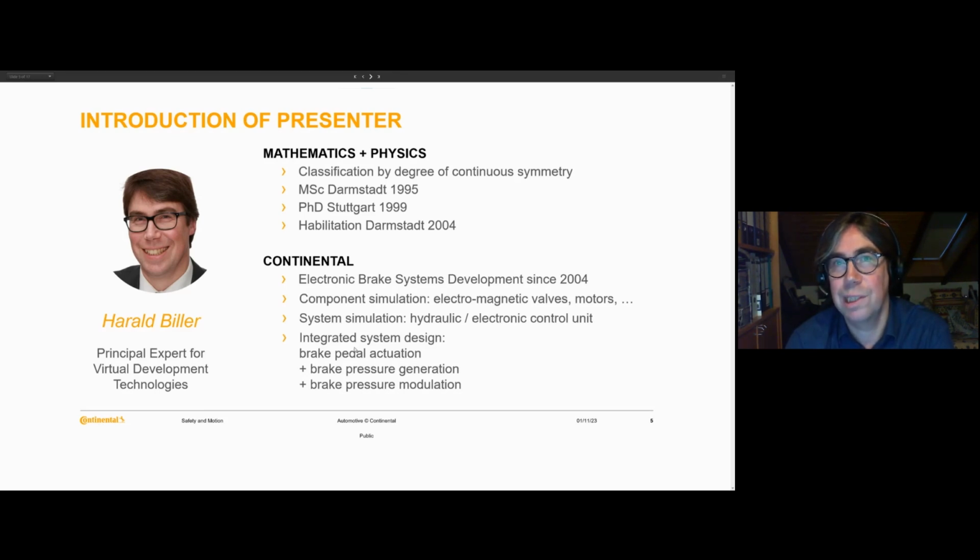Then I moved on to system simulation, that is modeling with ordinary differential equations. And that gave me a specific view on system design as well, so that this kind of system modeling work has also influenced the brake systems which Continental has brought out over this period in a significant way.